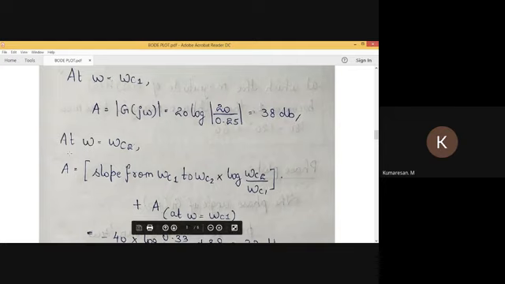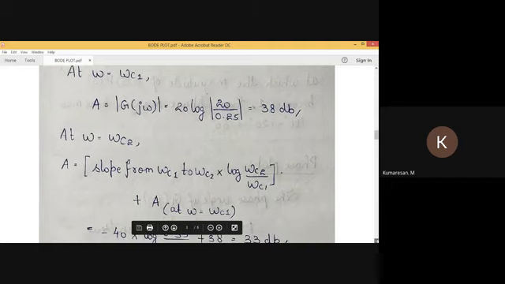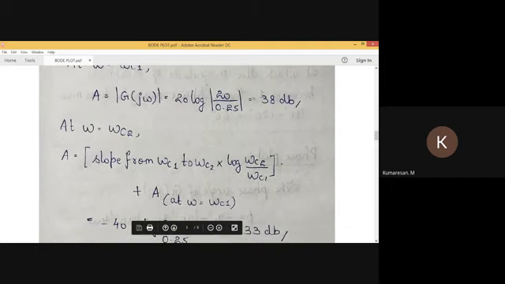A equals the slope from omega C1 to omega C2, times log of omega C2 divided by omega C1, plus the magnitude at omega equal to omega C1, which is the previous magnitude. What we found previously is 38 decibel.